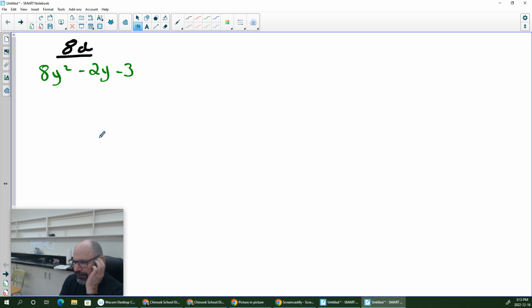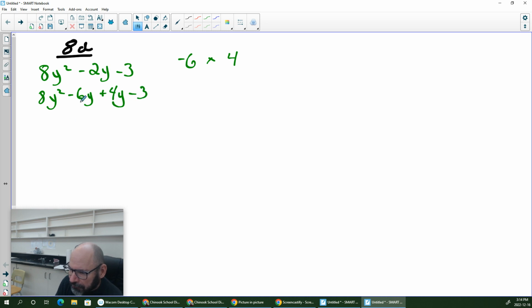So we're using decomposition, so we have to multiply to negative 24 and add to negative 2. So the two numbers that I'm thinking of are 6 and 4. Negative 6 times positive 4 gives us negative 24 and adds to negative 2. So I'm going to put in negative 6y plus 4y minus 3.